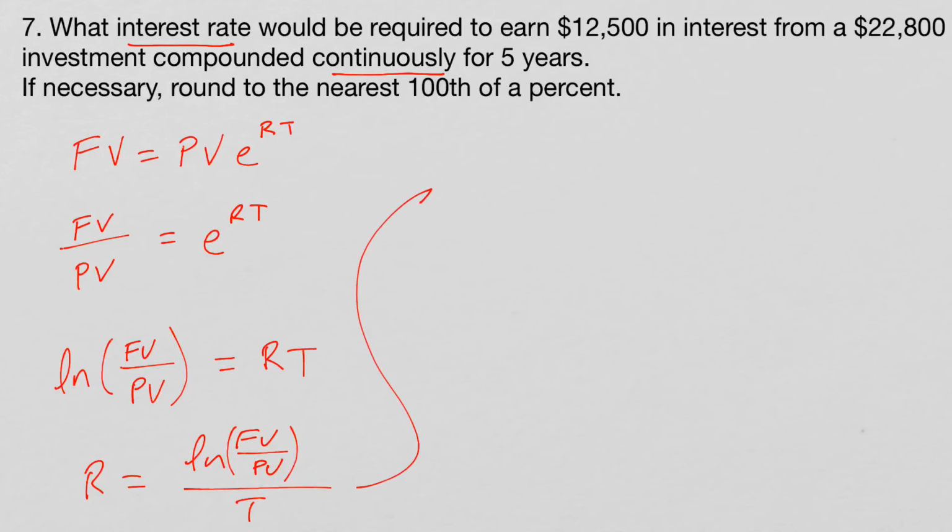Okay? So our rate is equal to, we want to earn 12,500 in interest. Now that's not our future value. Our present value is that amount there though, 22,800. Our future value is what we started with plus the interest.